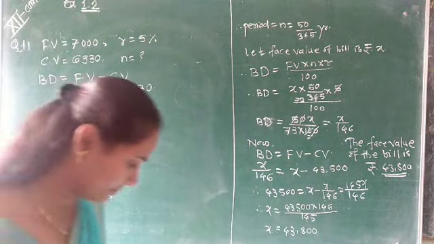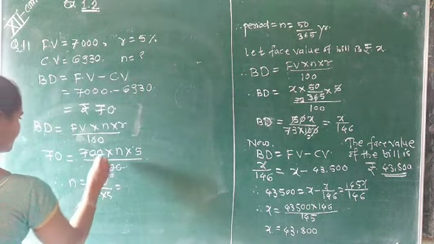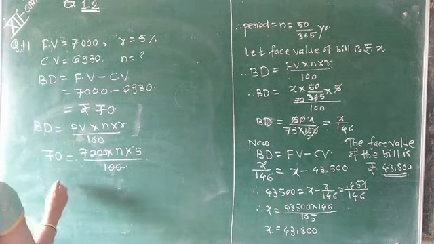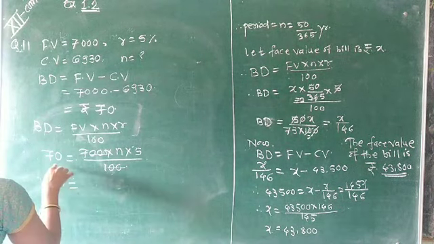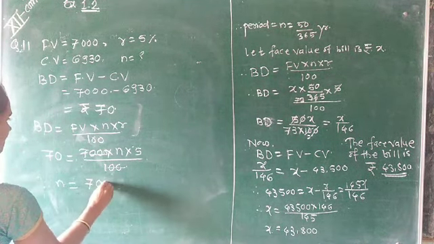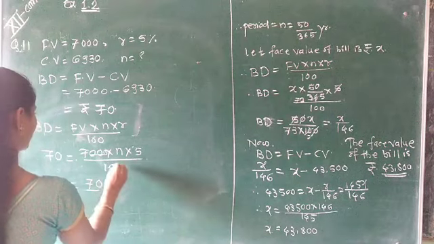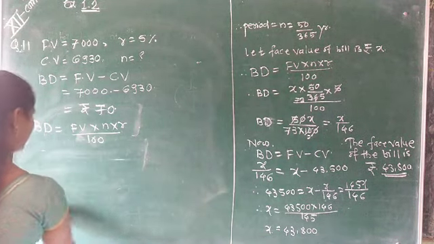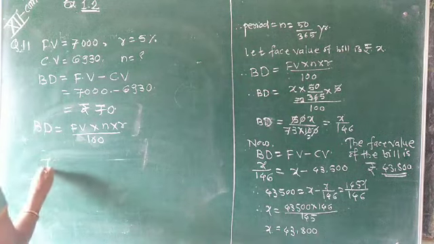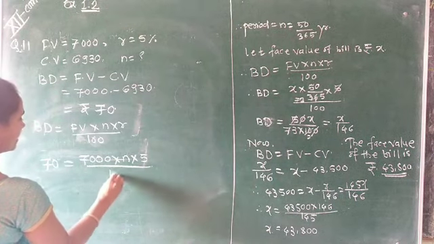Therefore, N is equal to how many? 7,000 into N into 5, divided by 100.